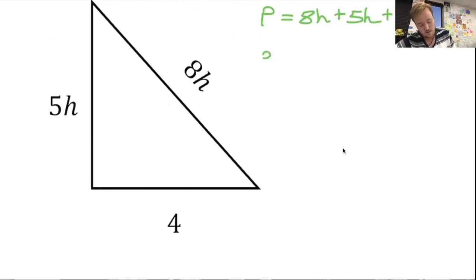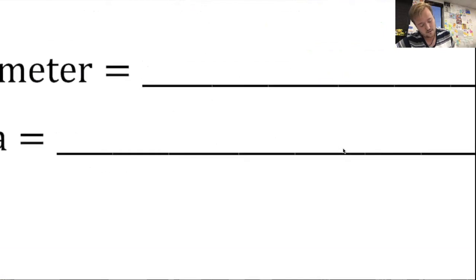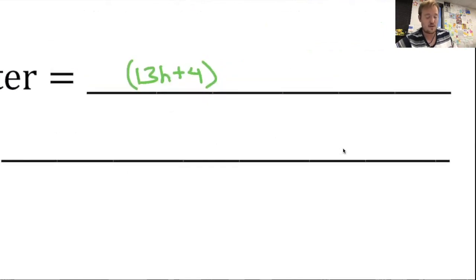If you combine like terms, you get 8h plus 5h, which gives you 13h plus 4. So that's more than one term. So our perimeter here is 13h plus 4. Now our units in this case, because they don't give us units, your units are just units.